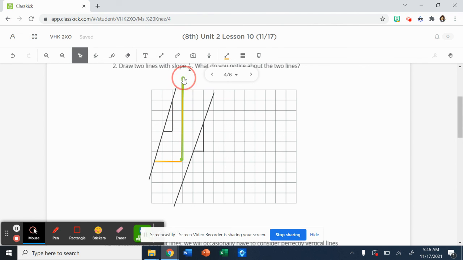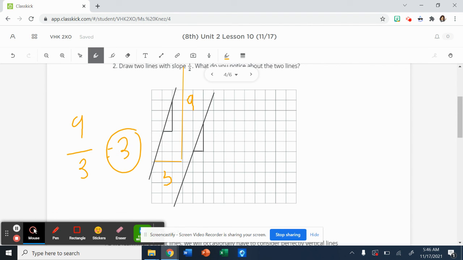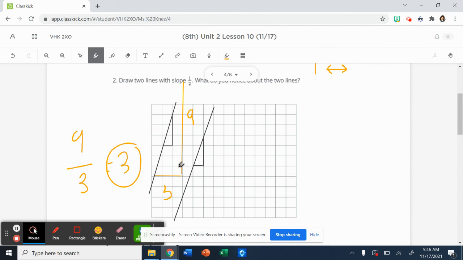That would be 9 up to intersect with the black line, right? If I had a triangle here that was 3, 9, my vertical distance, which is 9, over my horizontal distance, which is 3, is still equal to 3. So no matter where you find that slope triangle, the slope does not change, right?